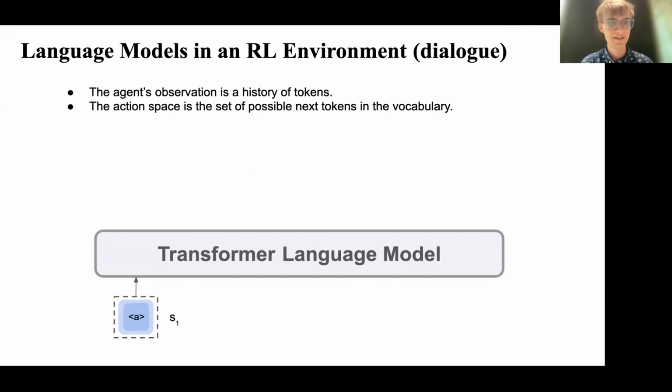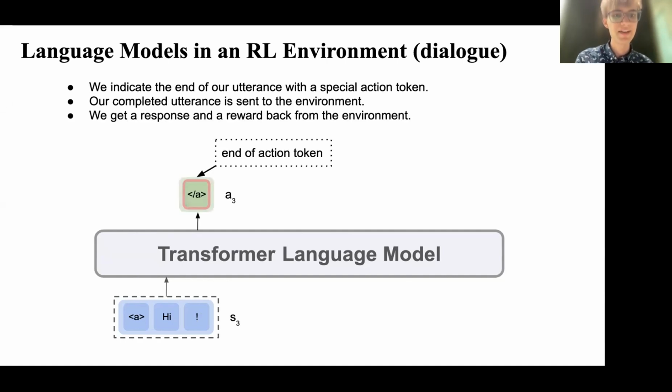So we'll say hi, selecting a token, and then it appends that token to its history. The agent's observation is all the previous tokens in the dialogue. Then it picks another token as its next action, and it keeps doing this until it finishes its utterance in, say, a dialogue setting.